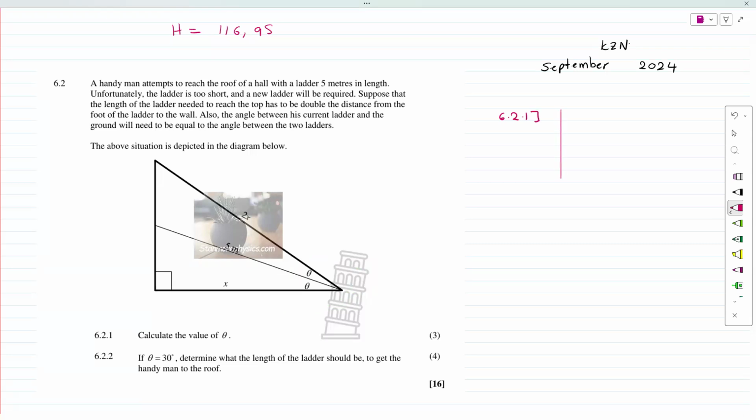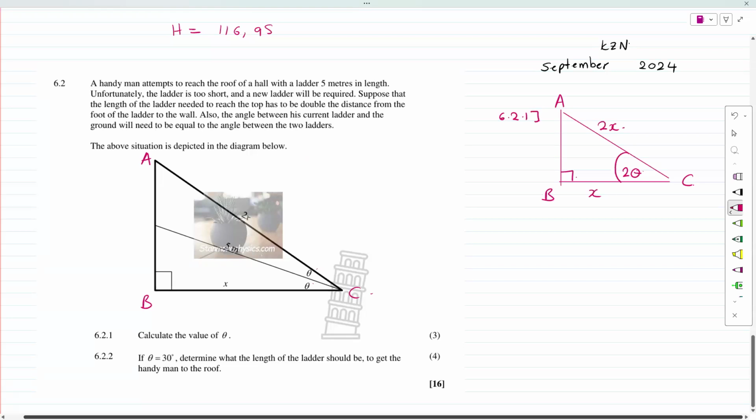So what we can do is focus on the big triangle. So theta plus theta would be 2 theta. This angle would be 2x, and that would be x. That would be the right angle, and we'd need to calculate. Let's label it as A, B, and C for now, just to make it easier, guys, for us to understand in this question.